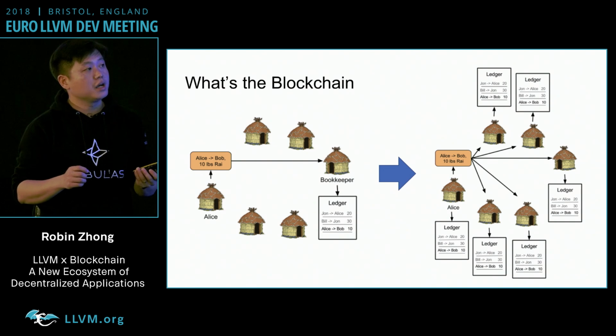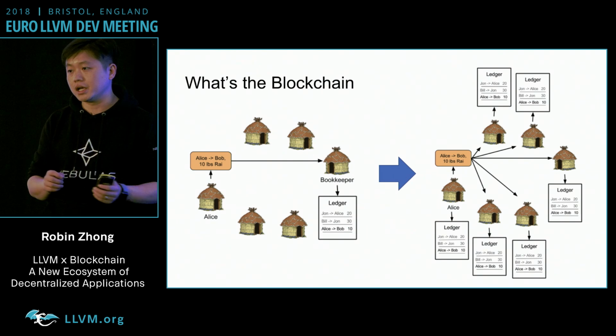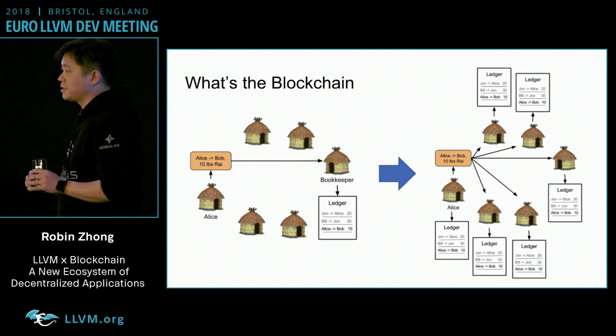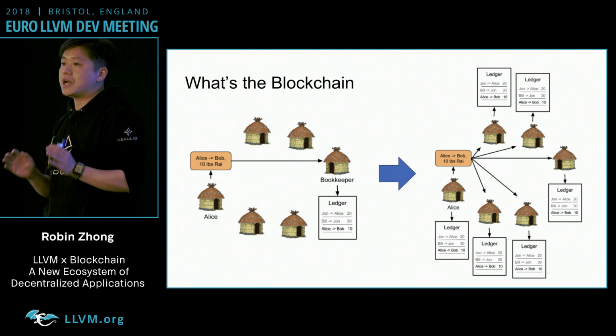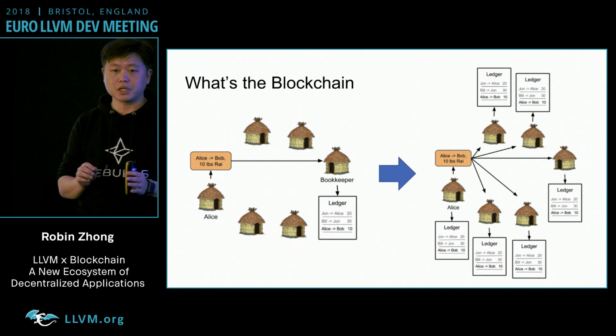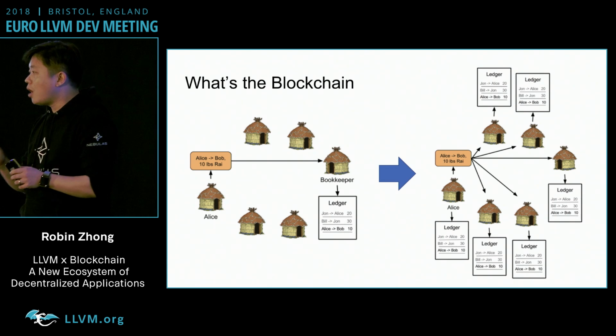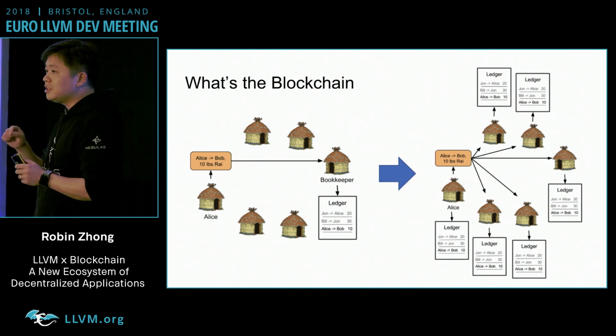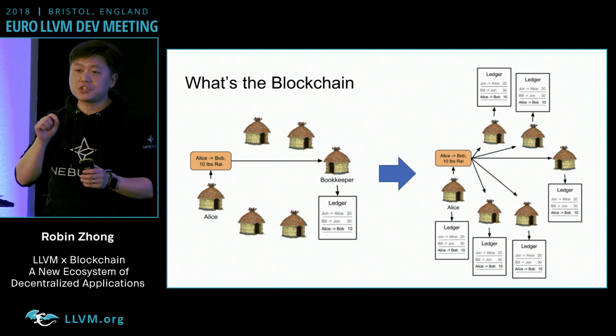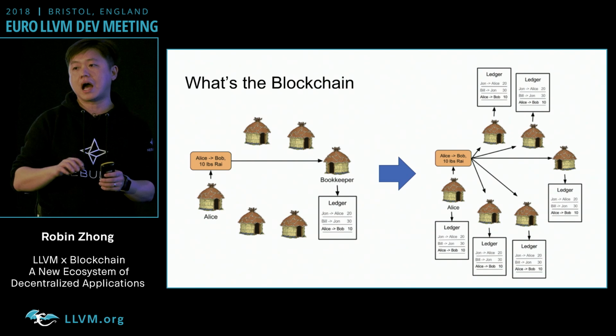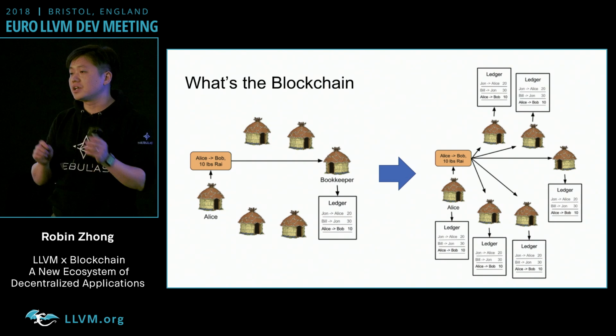But blockchain changes a little thing: it makes all the users, the whole network, have all the ledgers and record all the information. So in that case, when Alice sends money to Bob, she doesn't need to really send the money to Bob. She just creates a record and tells the others that Alice sent money to Bob.